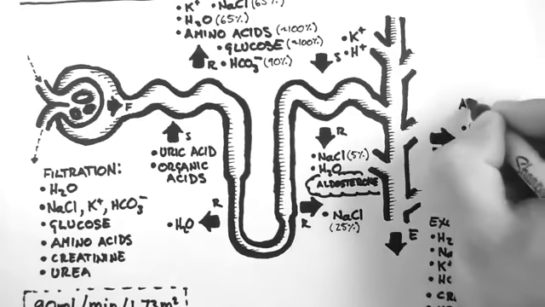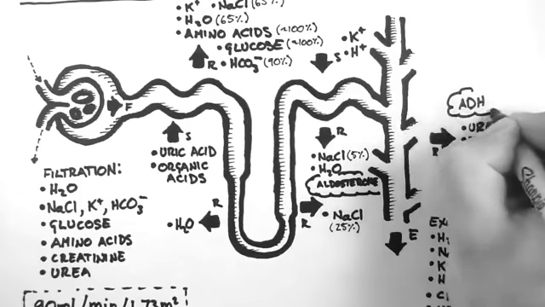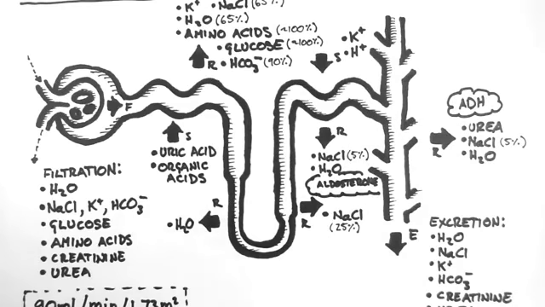The other is antidiuretic hormone, also known as vasopressin, which is released from the posterior pituitary, and this causes more water to be reabsorbed by the collecting ducts. Both these hormones act when the body is in a state of underhydration and needs to retain water.